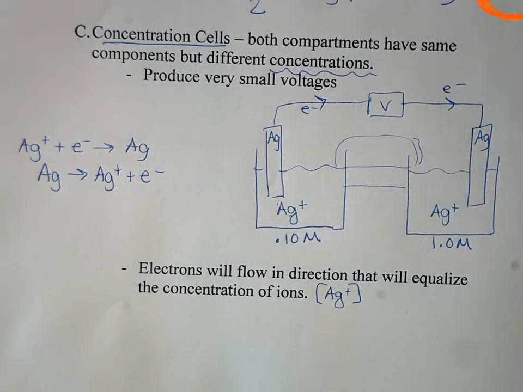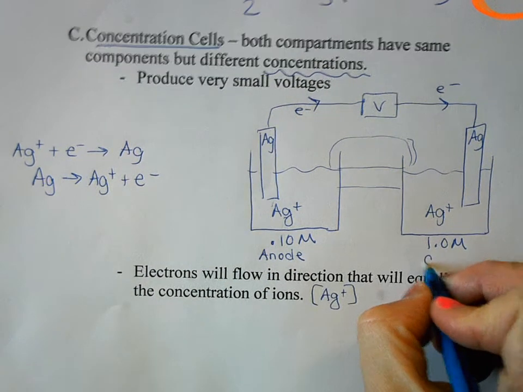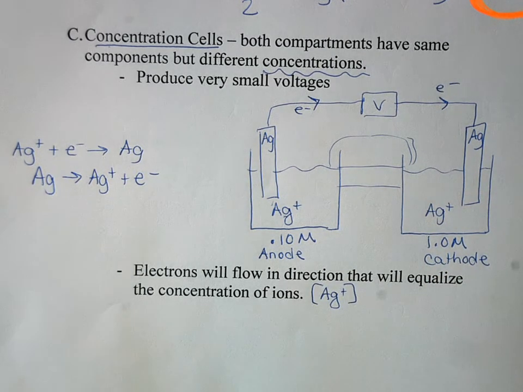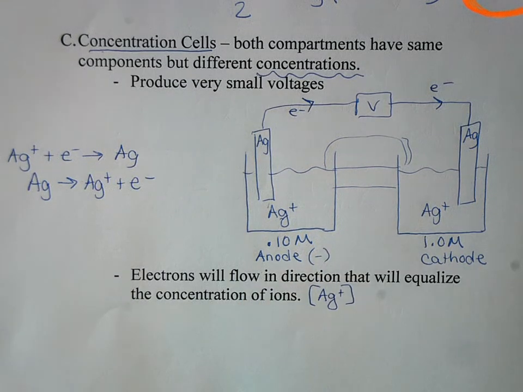And so just by definition, I know that electrons flow from the anode to the cathode. You can maybe think of anodes as being like anions, or the negative side that's giving up electrons. Cathodes, like cations, would be gaining the electrons.